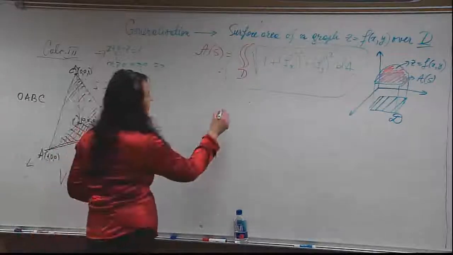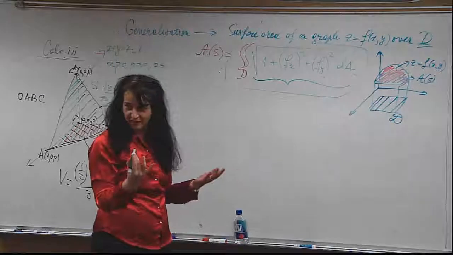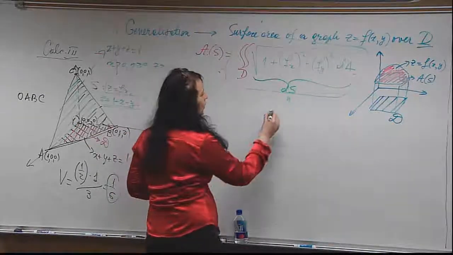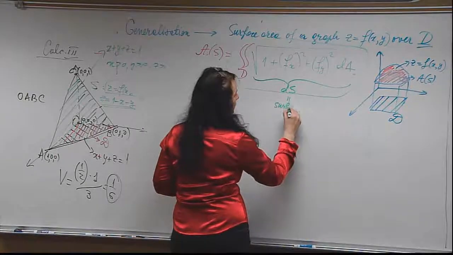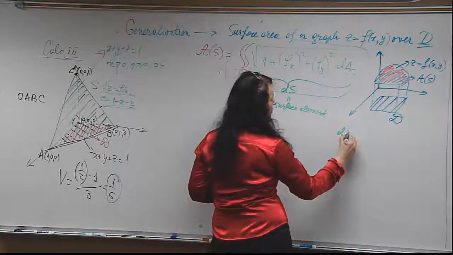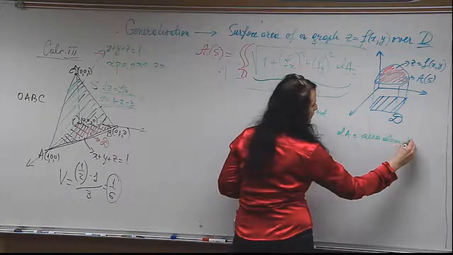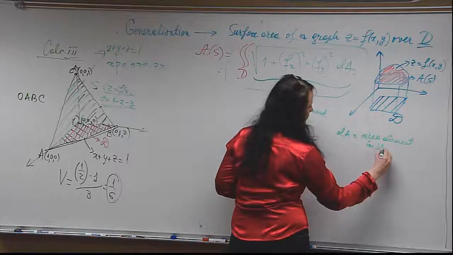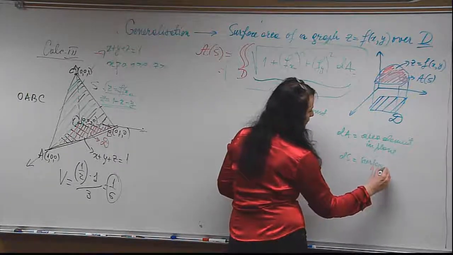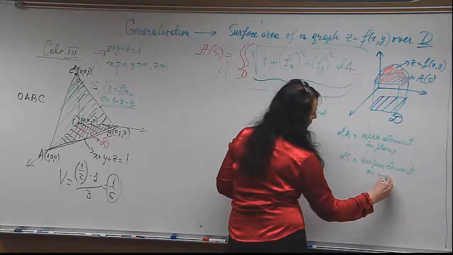By the way, this whole fat sausage kind of thing is dS. This expression is called the surface element. Make a distinction between dA, which is called the area element in the plane, and dS, the surface element on the surface on top.